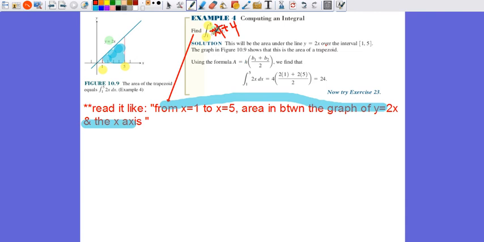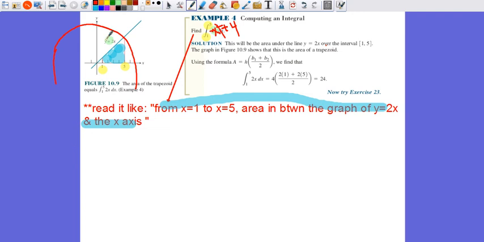So let's pretend it said negative x squared plus 4. Then you would have some parabola that looks like that. I'm going to just exaggerate this. This is not the correct graph for the parabola, but let's just pretend it looked like that.